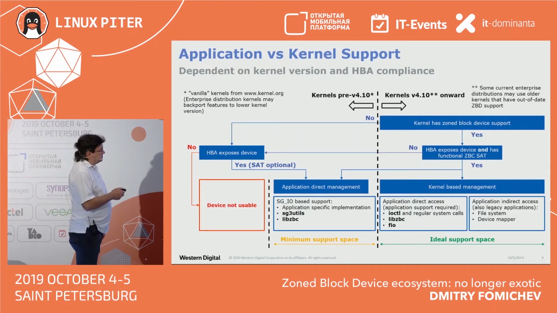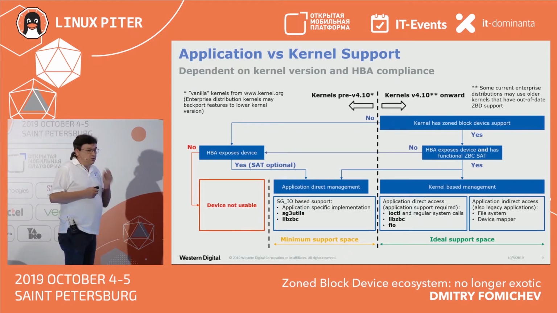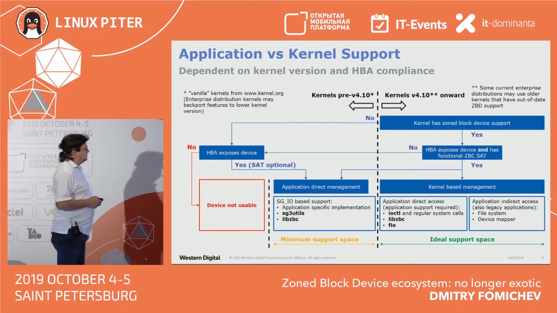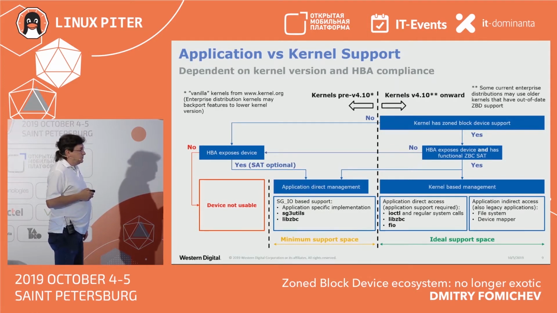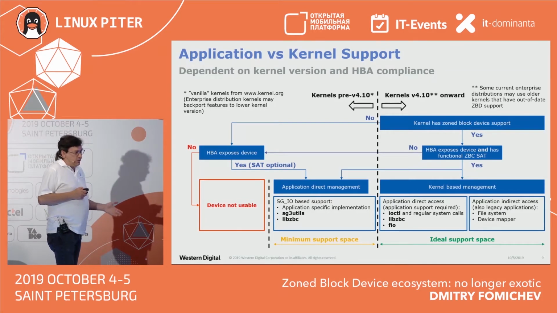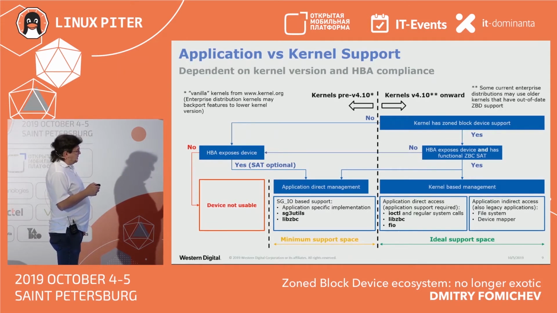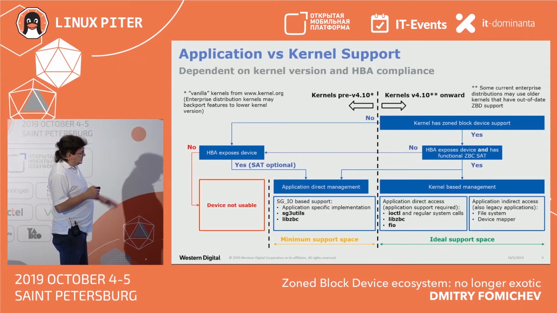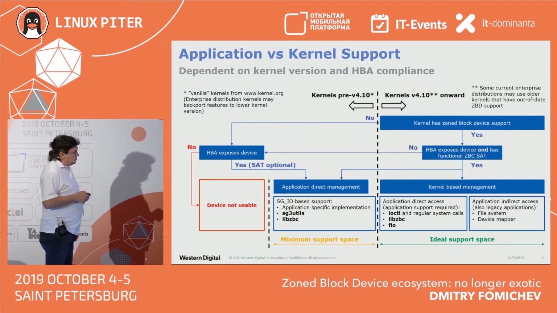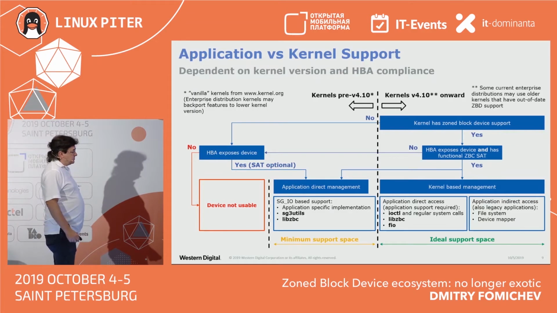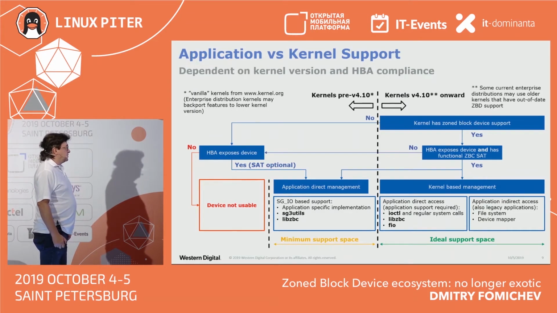So this is the timeline of how kernel support for zone block device was developed. The major divide, as you can see, is kernel version 4.10, where the bulk of the API and zone support features were introduced. It looks kind of complicated, but the point of this slide is that before 4.10, it's only possible to use SCSI pass-through to control zone device.